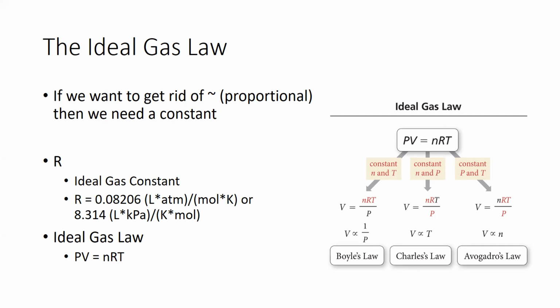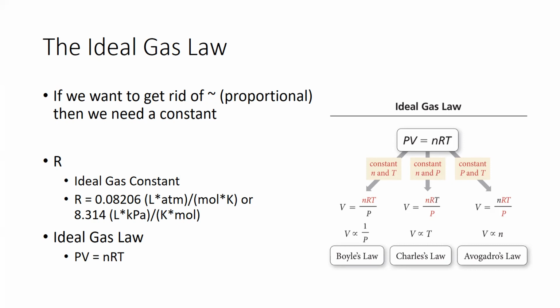Pressure of a gas times the volume of a gas equals how many moles of a gas you have, that's n, multiplied by the gas constant, which has different values depending on what version of the constant you use, times temperature. Temperature is always going to be in Kelvin.